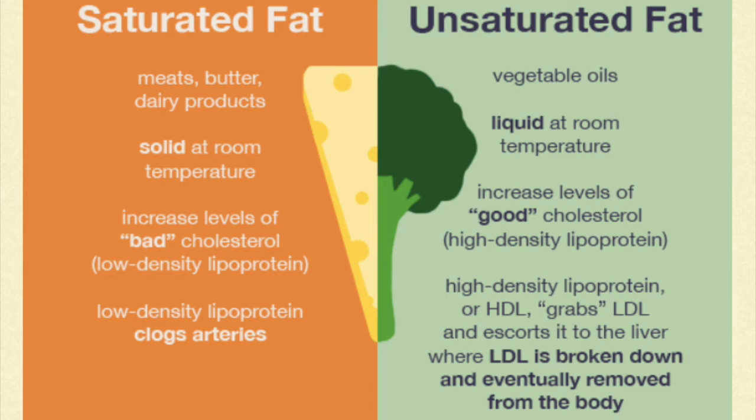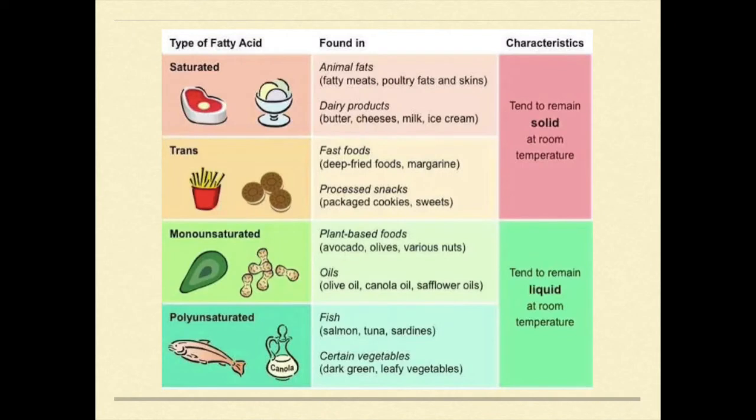And here's the problem: a saturated fat is going to be more of a solid at room temperature. So the fear is, because they have more low density lipoprotein, this is going to yield a higher cholesterol level.